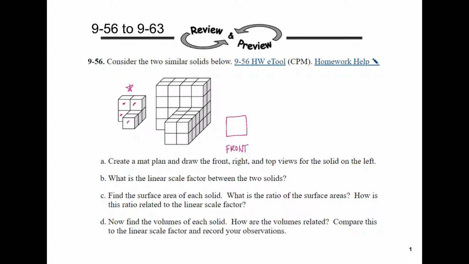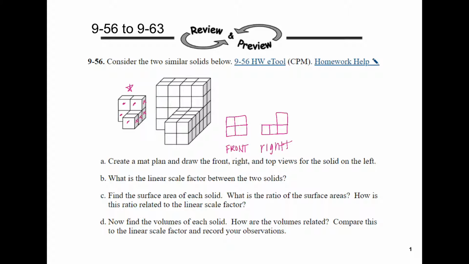So we have a 4 by 4. When we draw our right view, we have 1, 2, 3, 4. So our right view looks like that.